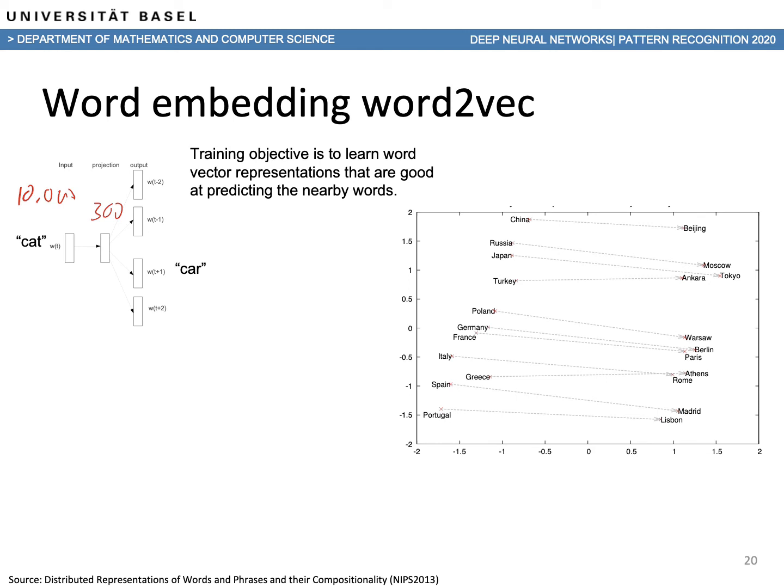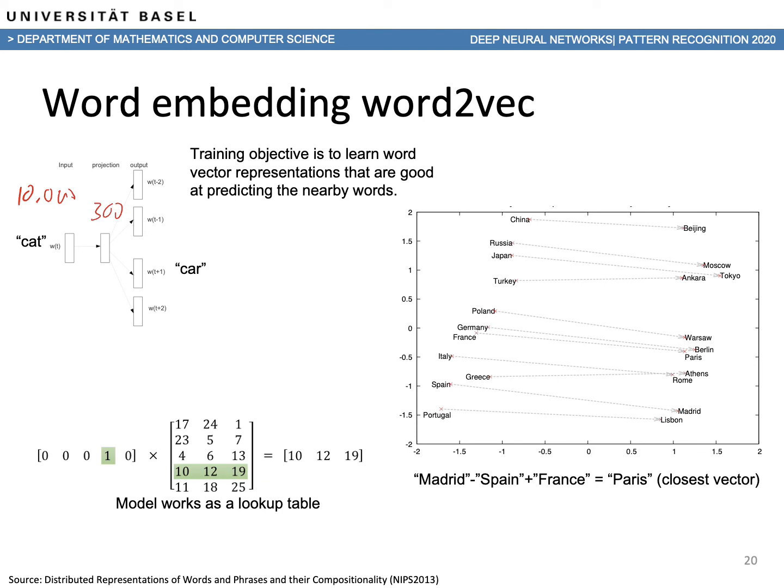We see that there is a consistent offset between all the countries and their capitals. What we can then do is take the point Madrid minus Spain plus France, and the closest point where we end up is Paris. This gives some intuition about what we can use this word embedding for.